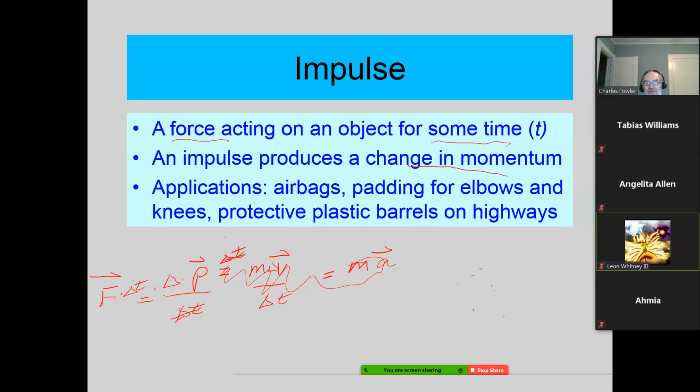Now here is where we get our other name for momentum, because that is a change of momentum. Force is measured in newtons, and the time period is measured in seconds.